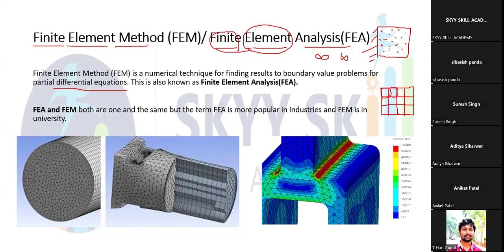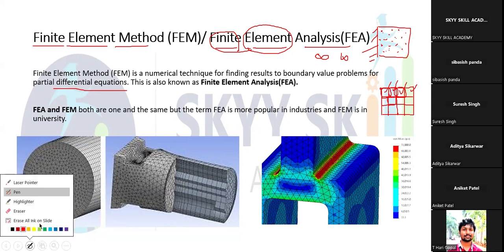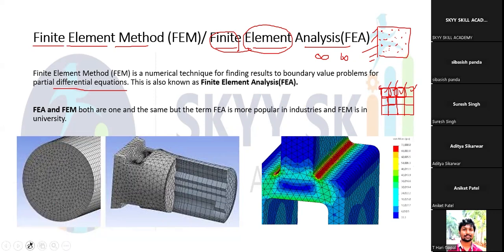So this is my one element. This is another element. This is another element. Over here, this one is another element. Individually, you can see they are your individual elements. The intersection points of those elements are known as your nodes. Let me change the color. These points are known as your nodes.